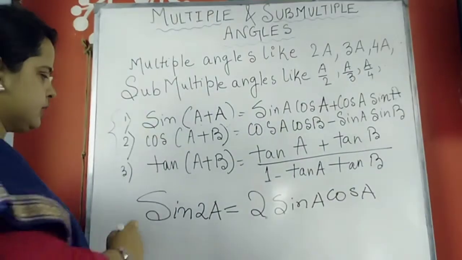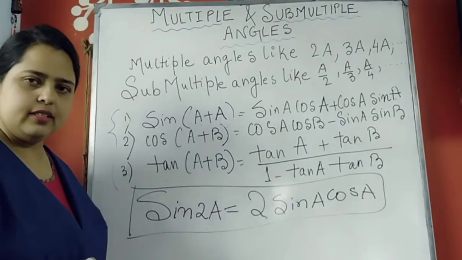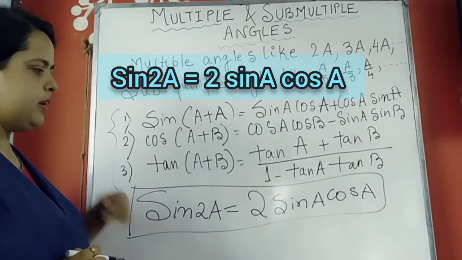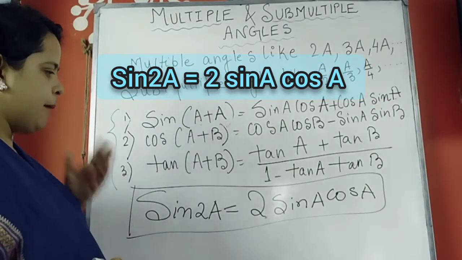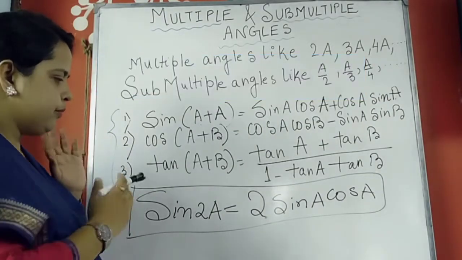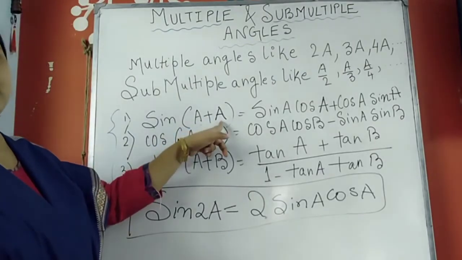So this is the first formula. See how easy it is. The first formula, sine 2A, is very famous and its application is vast. We just derived it in front of you, just by substituting A equals B.